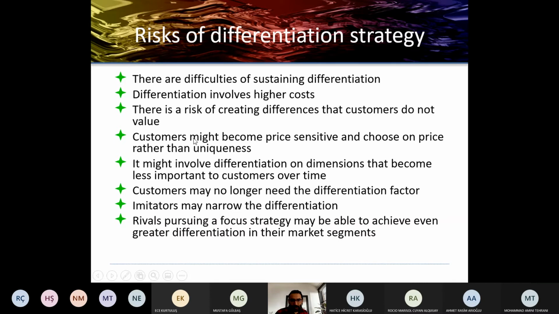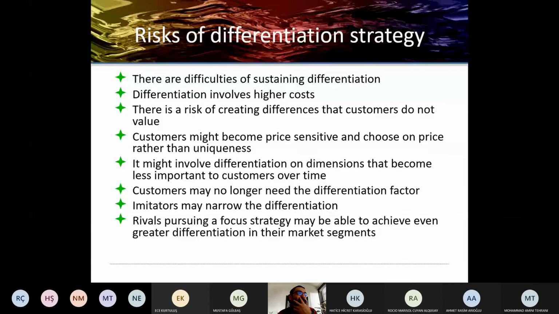What else? Customers might become price sensitive and prefer price over uniqueness sometimes, especially in crisis times, right? Economic crisis times. Maybe 10 years ago in Turkey, while our currency was more powerful, we could buy, for example, technological products easily, and we could buy them more frequently.